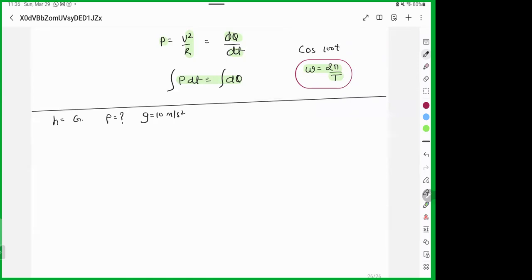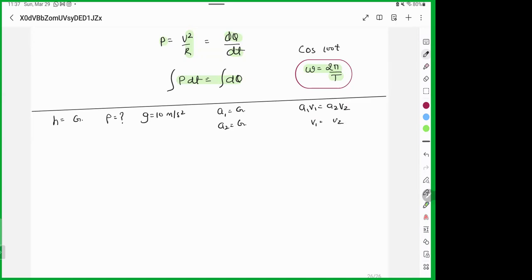Other than that, first area A1 is given, A2 is given. If area 1 and 2 are given, using the equation A1 V1 is equal to A2 V2, you can calculate the velocity ratio. Correct?